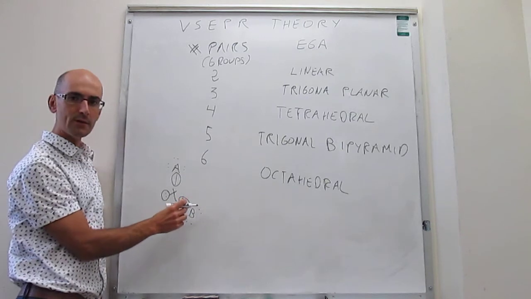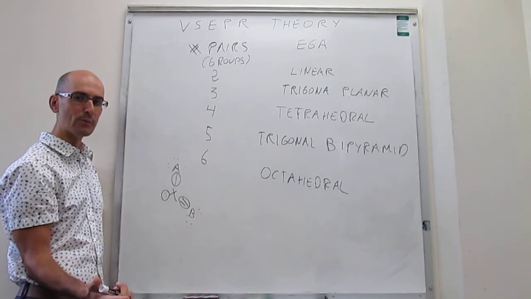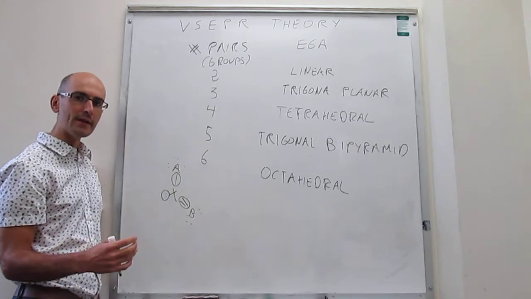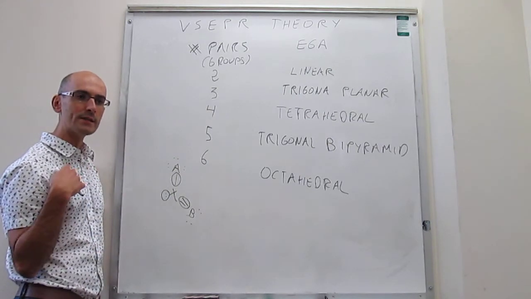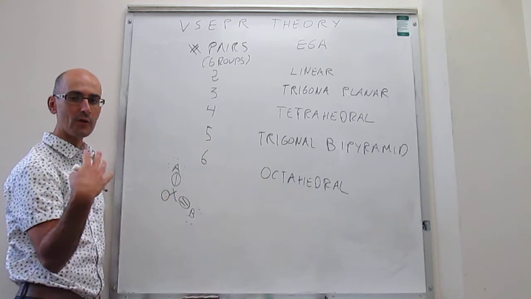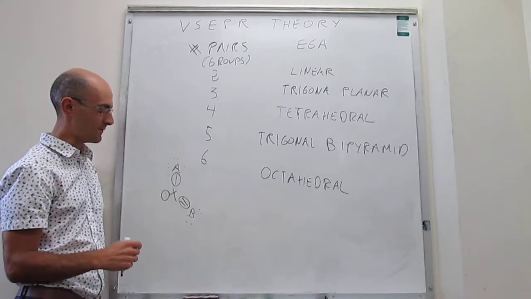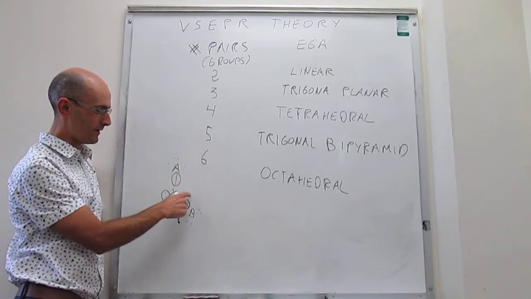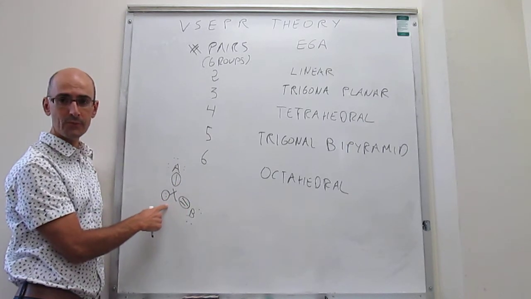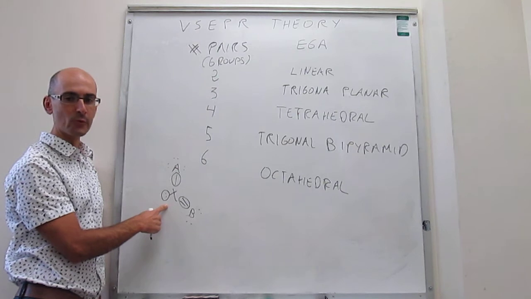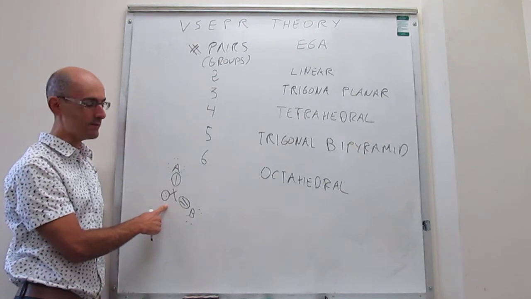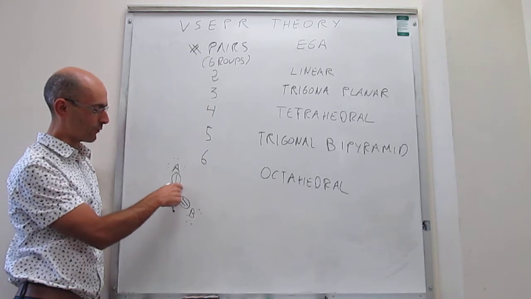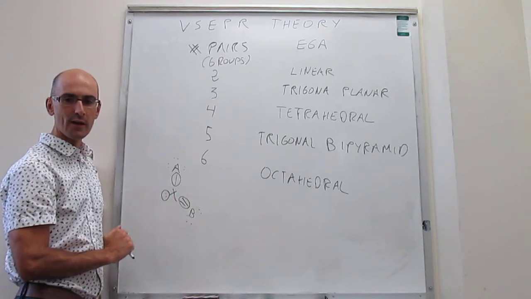A multiple bond, meaning a double or a triple bond, only counts as one electron group, and the reason is that they are always aligned along the same direction of space. So for this molecule, you would actually have 1, 2, 3 electron groups. That's why I prefer the nomenclature groups better than pairs.